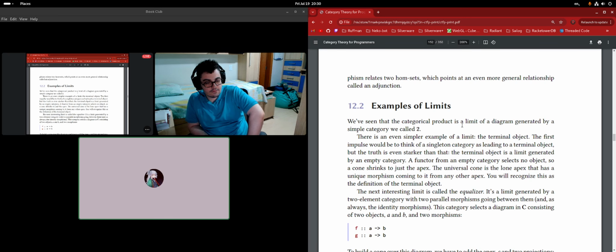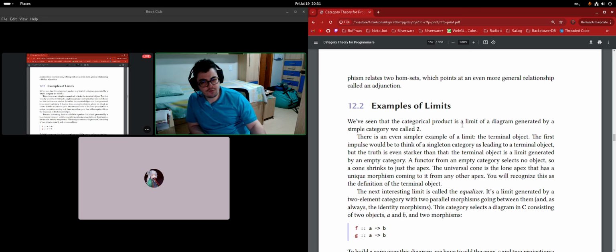And then if you apply the limit, this whole limit thing that we saw earlier, to that, then by definition you get the terminal object because, to be a limit, it needs to have a single morphism from every object to itself, right? And that's what you kind of generate when you take the limit.